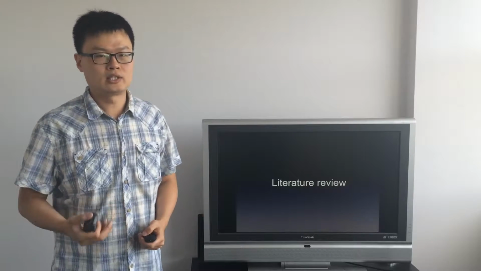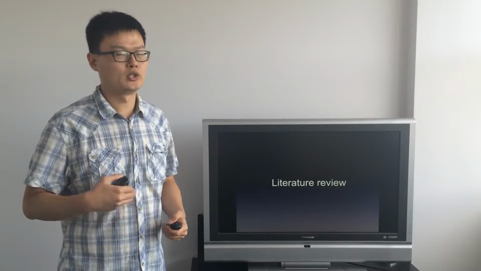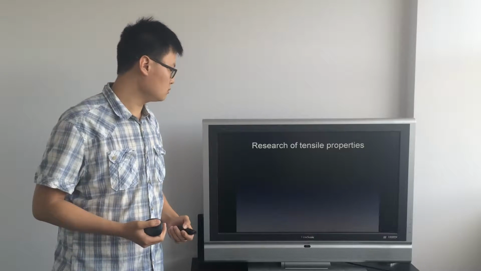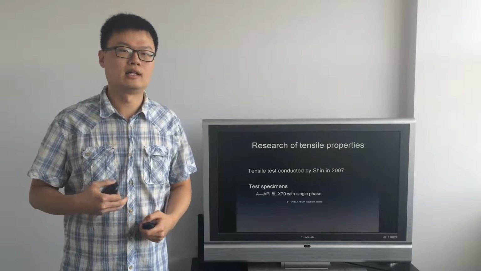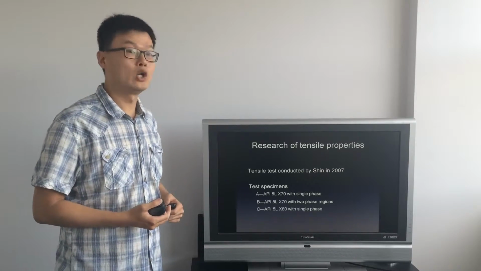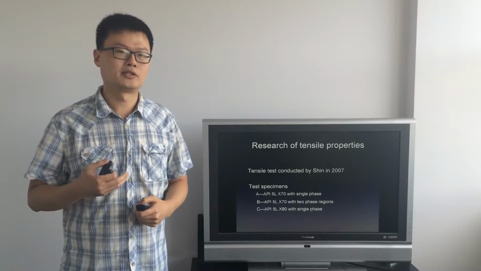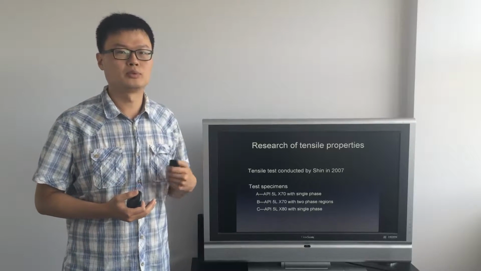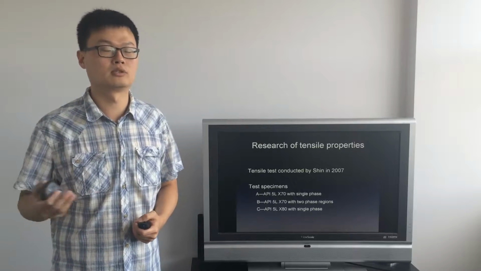Before I started the research, I finished the literature review to understand the relevant knowledge. There was a series of tests conducted by Shin in 2007. They conducted various types of tensile testing to study the tensile properties and the microstructures in high toughness pipeline steels.